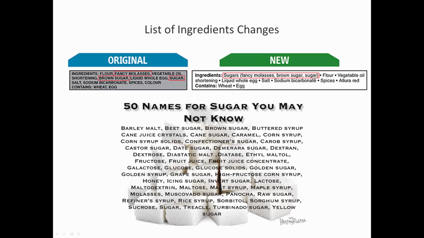They can put in brackets if there are different types of them, but that allows people to look at that product and say, aha, this product is mostly sugar, followed by some flour, followed by vegetable oil shortening, and so on. And I think that that's a lot more informative for people, particularly when we're trying to choose products that have less sugar.